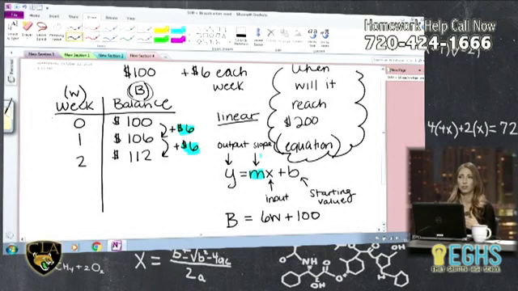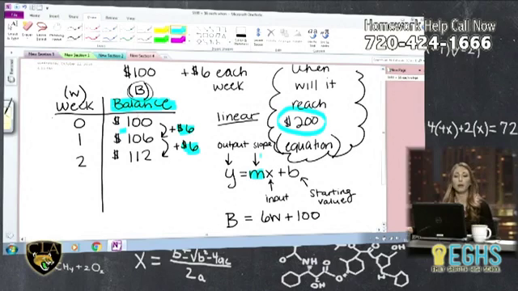However, we want to find an equation for when his bank account will reach $220. So we need to think about which variable we would be replacing with this amount. We can go back to what we set our variables as at the beginning. The target amount refers to the balance of his bank account, our B variable.